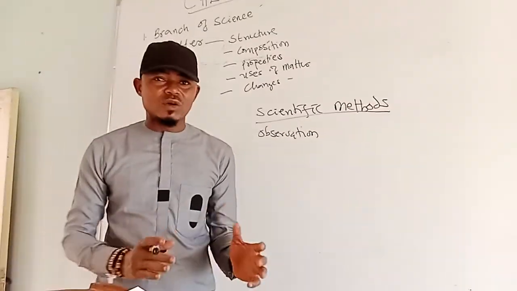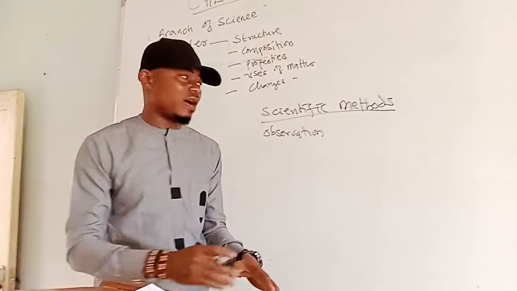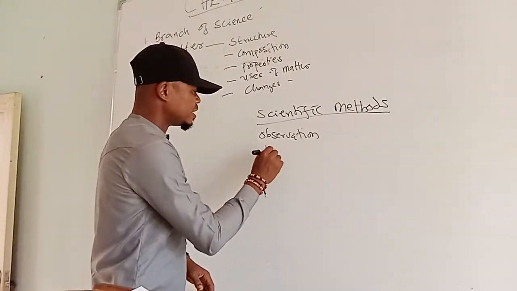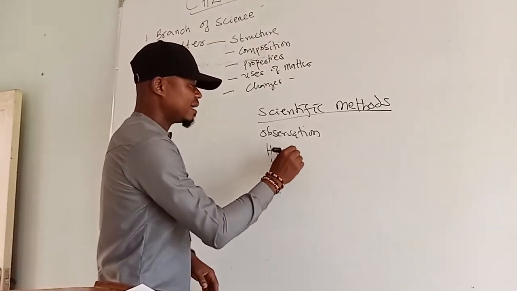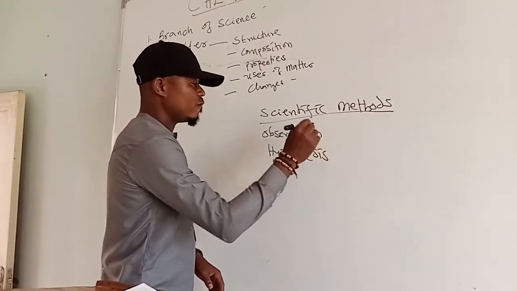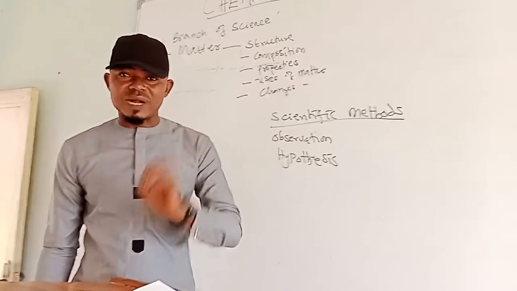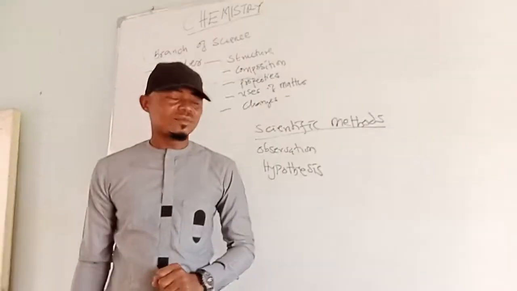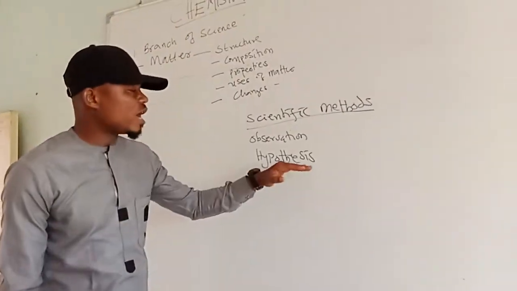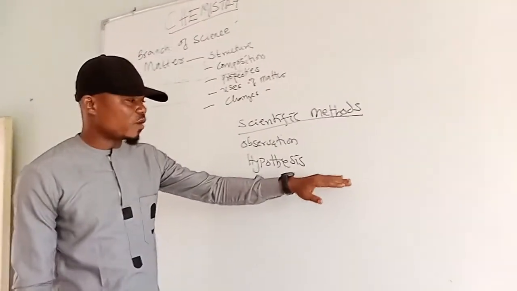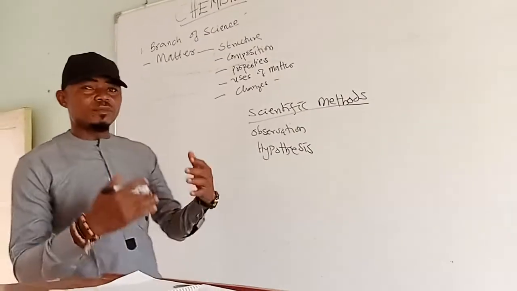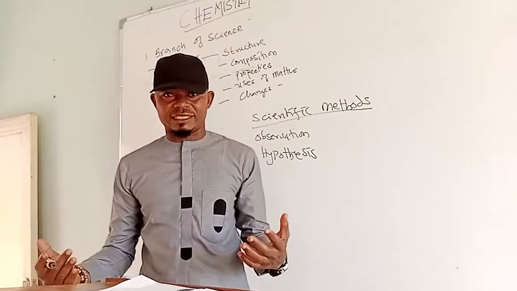A useful guess or an explanation of what we observe is what we term hypothesis, and it's another method of studying science. And chemistry, remember, is one of the branches of science. Now, after making a useful explanation or a useful guess, which is hypothesis, we'll subject this guess to a test.